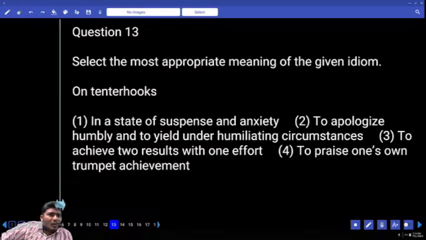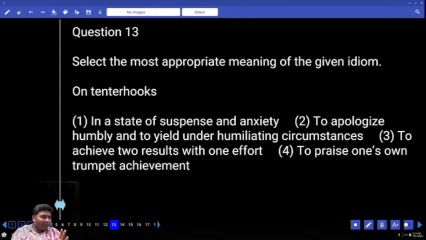They say don't put your feet on two boats, you know? For example, if you are preparing for some job, you should only focus on one thing. If you focus on two things, then you may not get either of that.